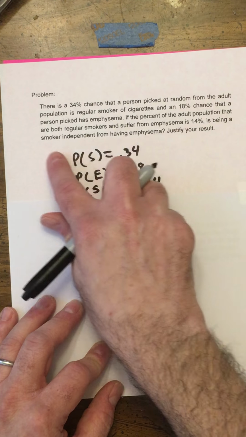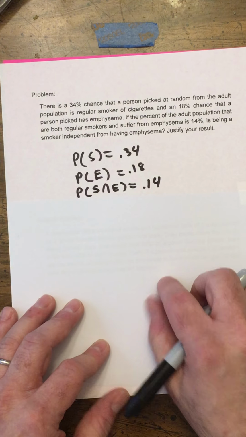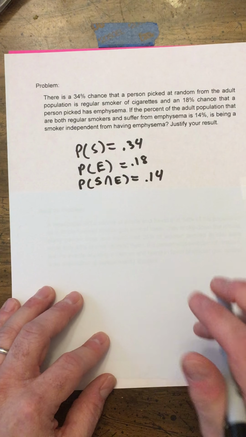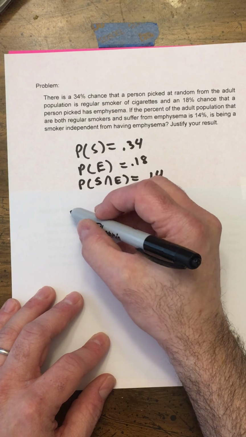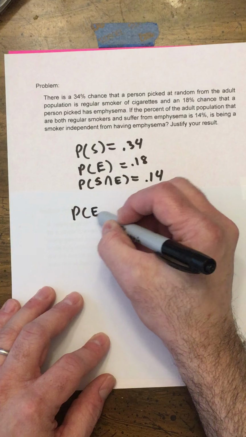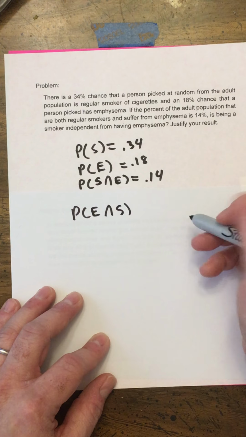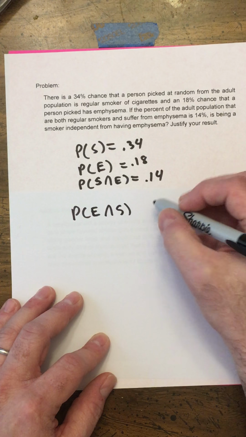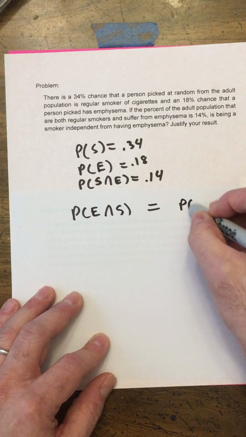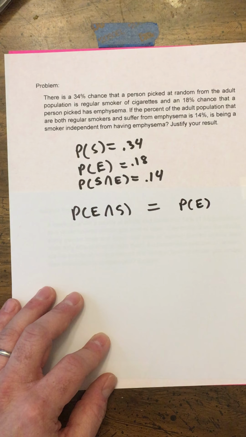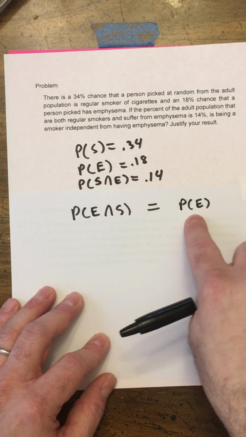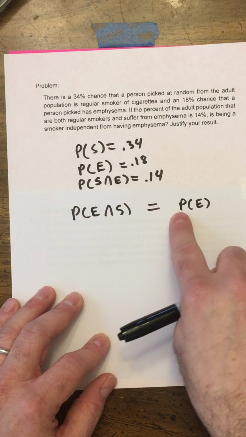It wants to know, is being a smoker independent of having emphysema? So let's take a look. We want to check to see if the probability of having emphysema and being a smoker, I just changed the order of that, but it's not any different, is equivalent to the probability of just having emphysema. If these are equal, then we know that the events are independent.